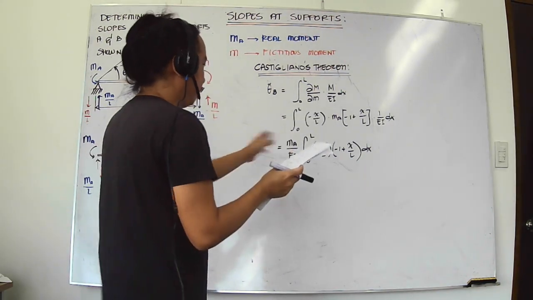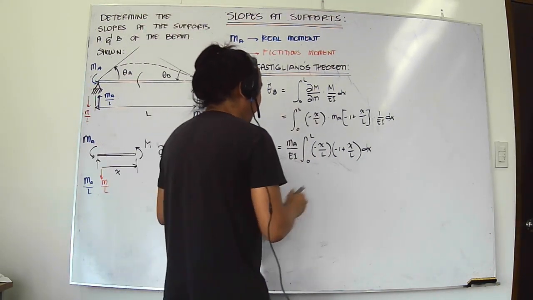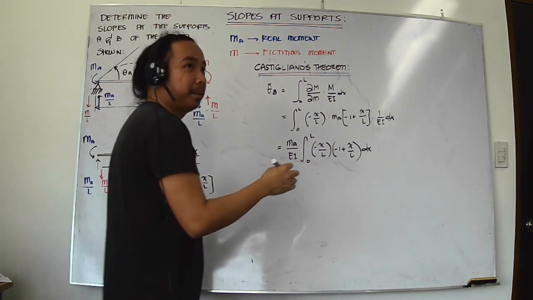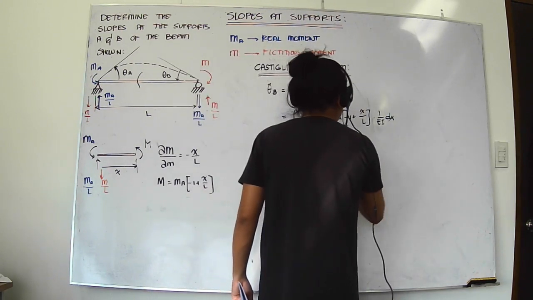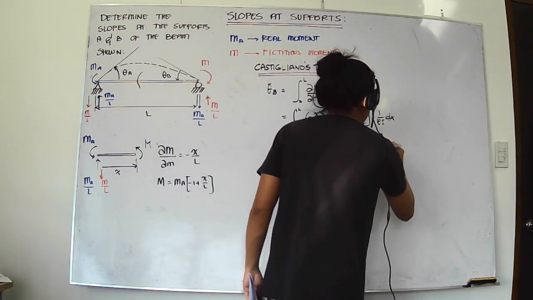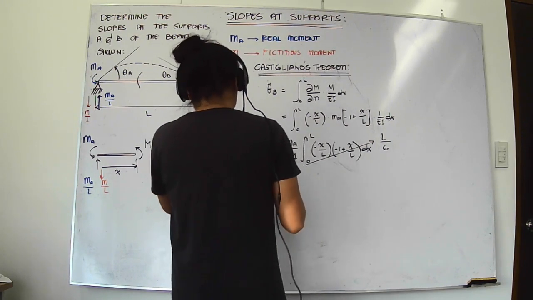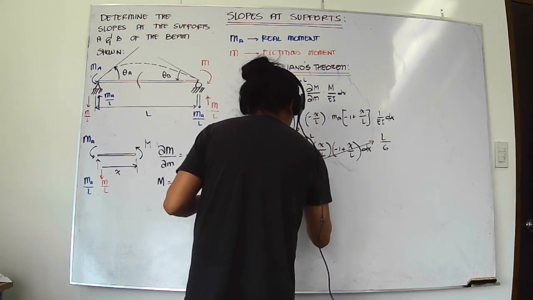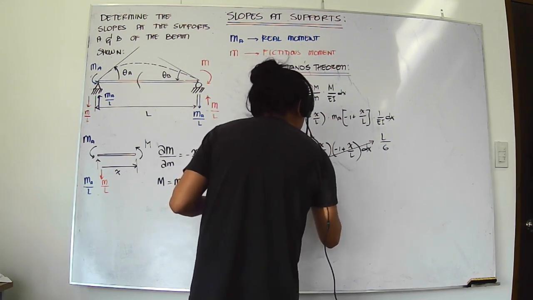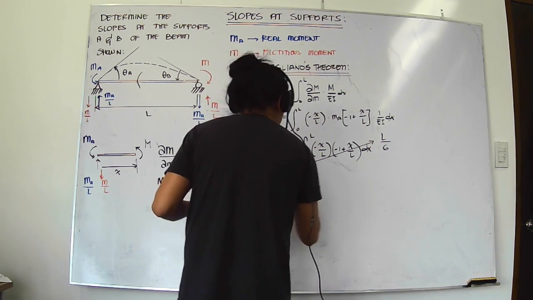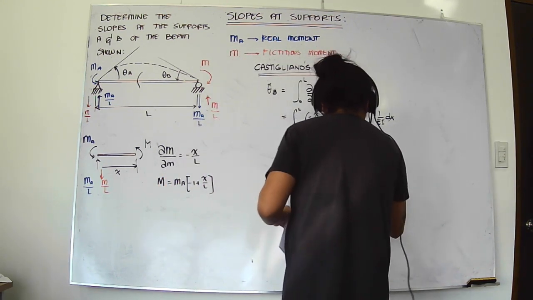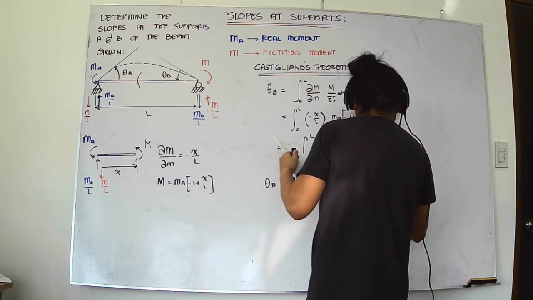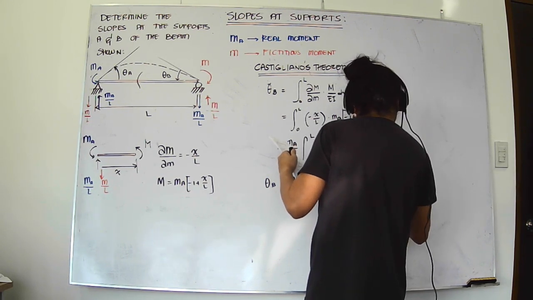Now, I will not show the computation of the integral. Okay? Just go for integral calculus. I will only show this so you know the steps. But basically, this is just equal to L over 6. So we have MA over EI times L over 6 for theta B, in which we could just say theta B is equal to MAL over 6EI.